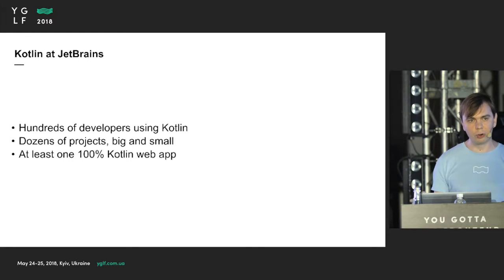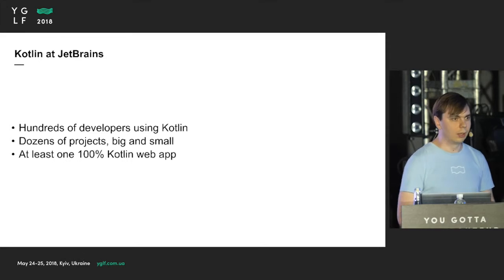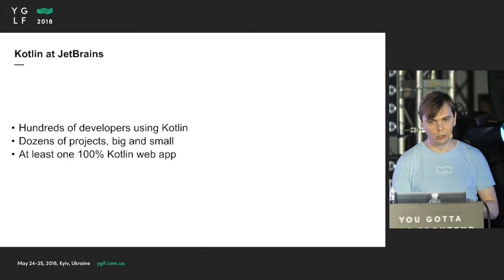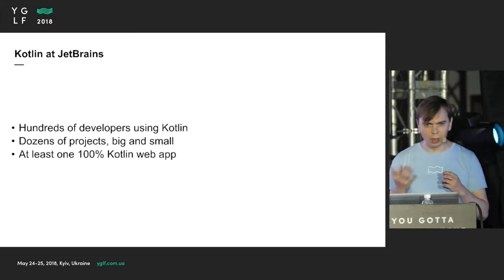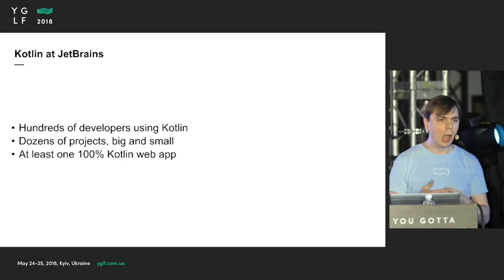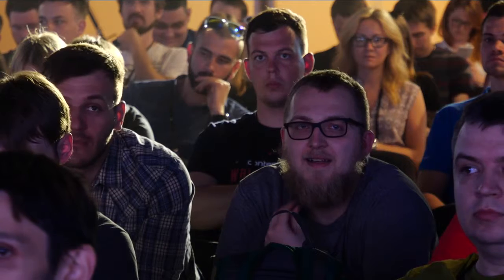The backend, the front end, the mobile applications is all just Kotlin. So we are basically on the cutting edge. We are trying out new versions of the language itself as soon as they come out. We are testing the new libraries, and we are developing libraries ourselves and then sharing them with the world.